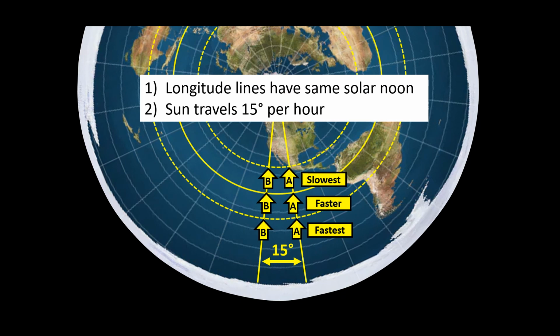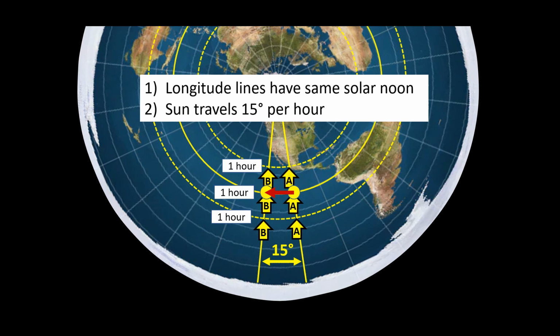But again, even on a flat Earth, longitude lines have the same solar noon, and the sun appears to travel at 15 degrees per hour. So these 3 pair of observers measuring this sun from solar noon to solar noon would come up with the exact same time of 1 hour.